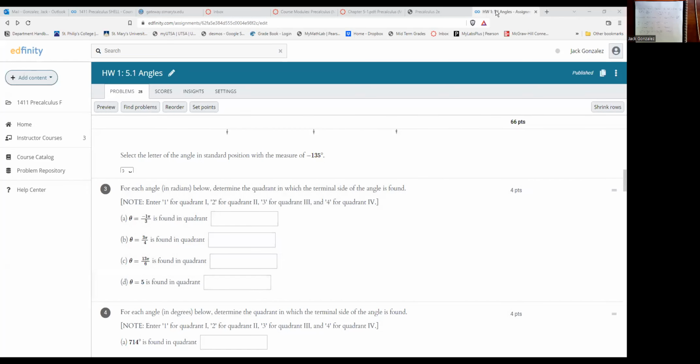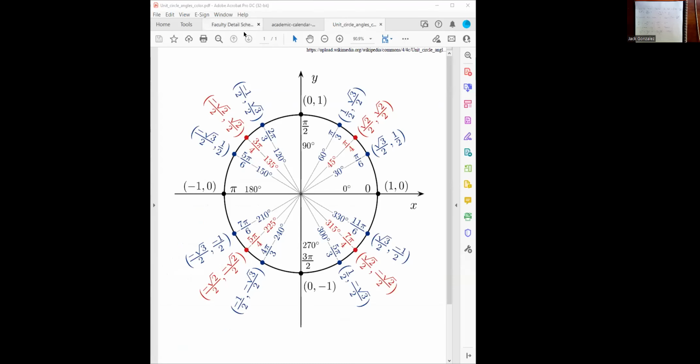So this is the same as saying 390. As we said earlier, 360 is a full revolution. 390 would be a full circle plus 30 degrees, so we go all the way around and then 30 more.